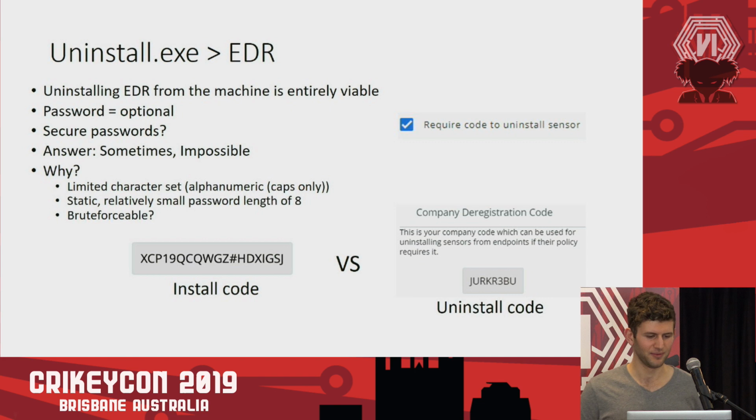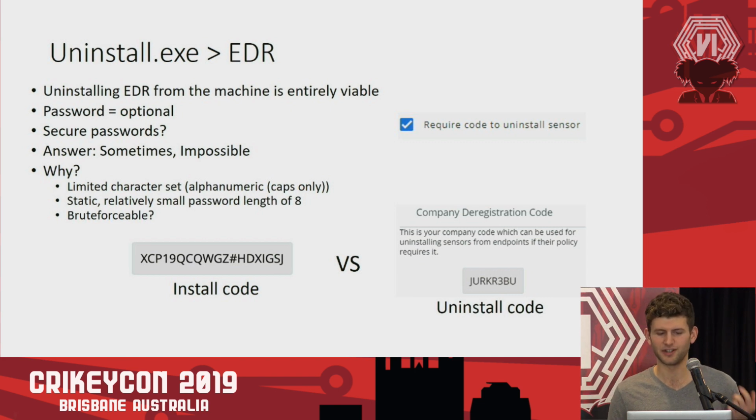Suddenly we have 12 characters. They've got special characters. They've got numbers in there. They've clearly gone, all right, we need a secure install code. And then when it comes to the uninstall code, they're just like, whatever works. Interesting. Possibly another side effect of the fact that they just haven't been hit hard enough.